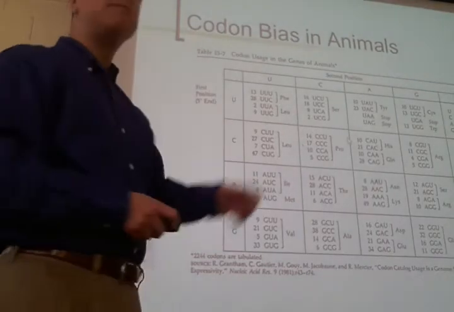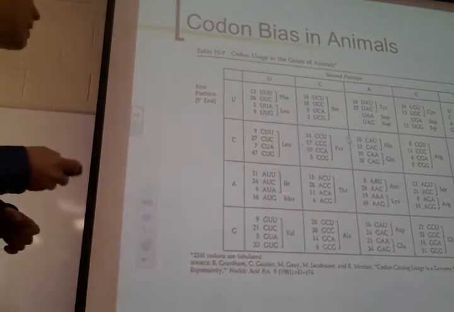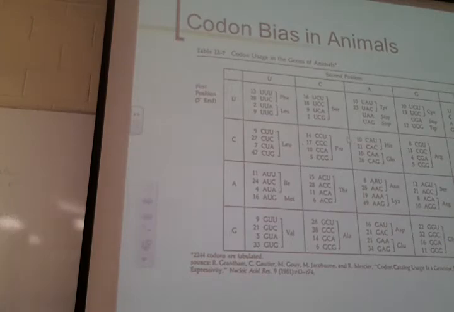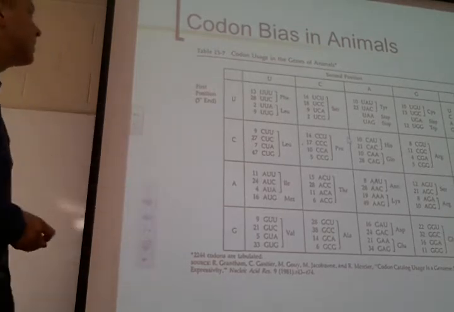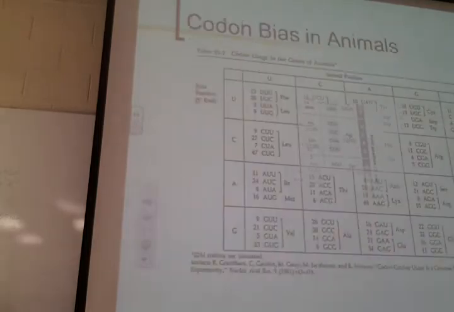I don't know if it's Nobel Prize worthy, but it'll probably get you a doctorate if you figure out what this is all about. So we don't really know why there seems to be codon bias, but there almost always seems to be. So that's just kind of out there as well.